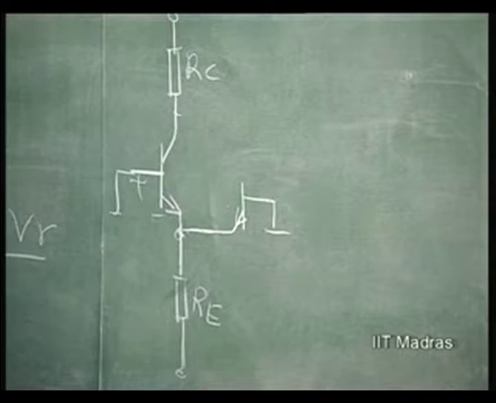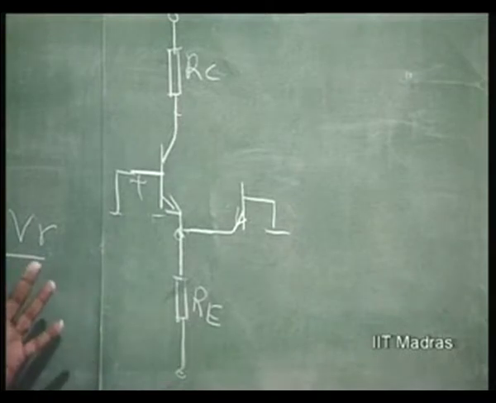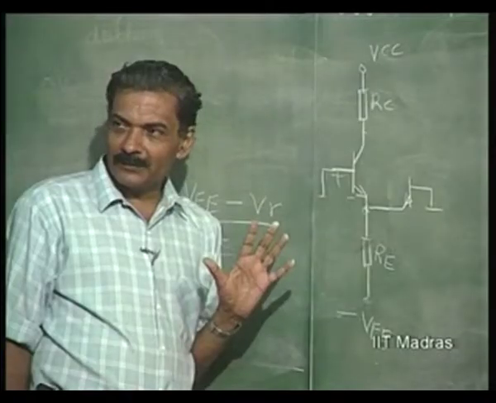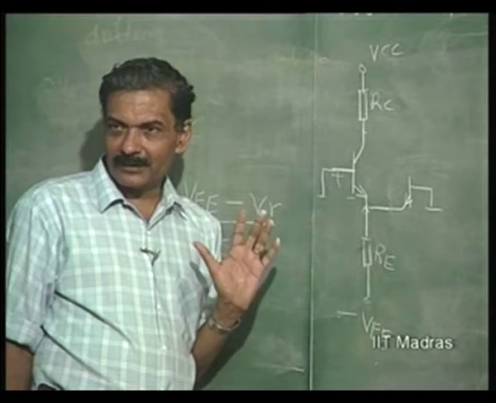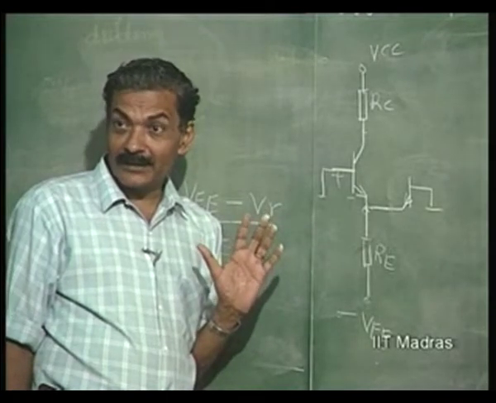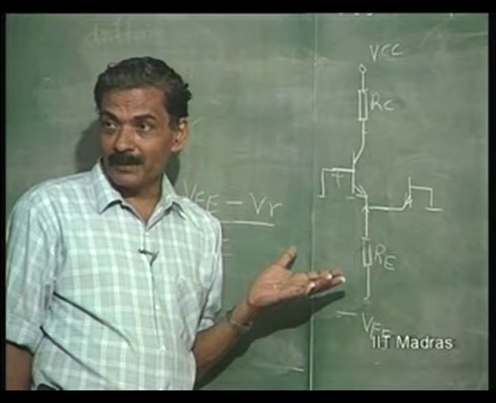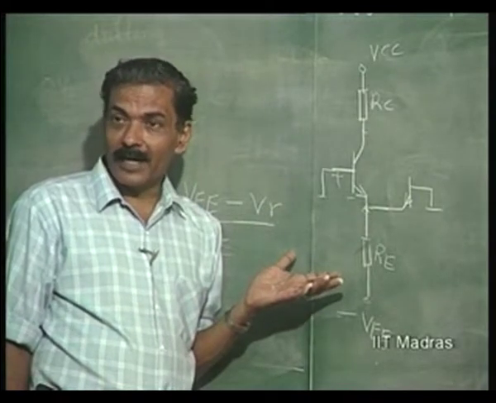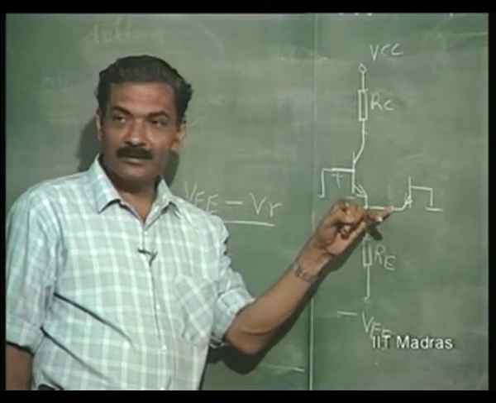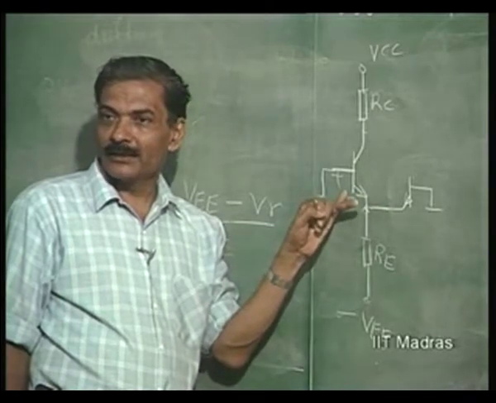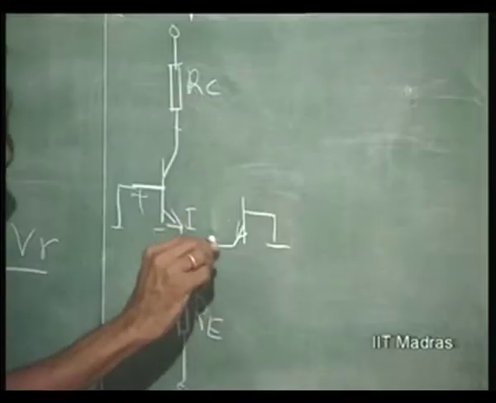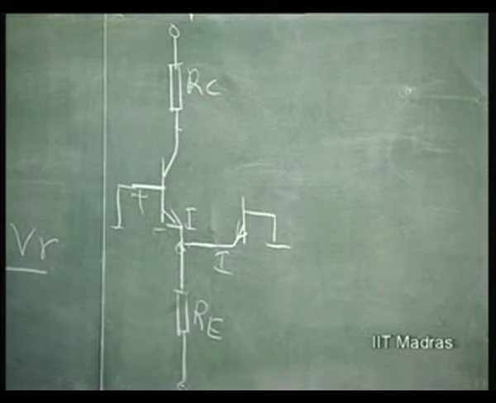So, if you are using the same emitter base junction, it is forward biased to the same extent, IE naughts of the two transistors, if they are the same, because they are made in the same chip, if they are identical, then this current and this current will be the same. This current, if it is I, this current also has to be I, because they are identical. This is possible only in integrated circuits.